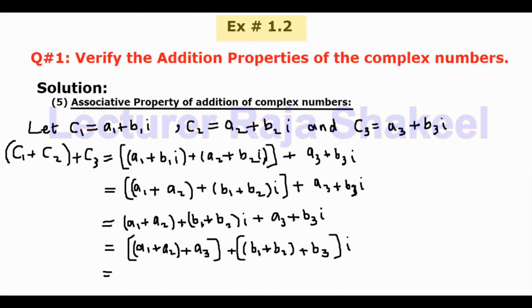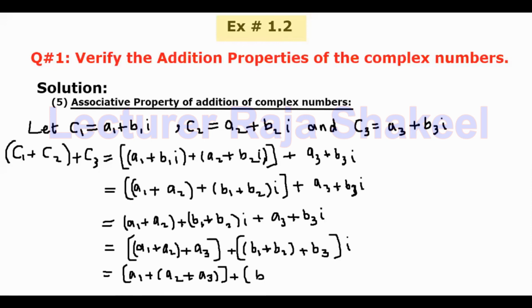Now again we'll be changing the arrangement inside, because we had already proved the associative law. According to the associative law of the real numbers, these numbers can change their arrangements. Therefore, a1 plus a2 plus a3 can have the arrangement of a1 plus a2 plus a3 with the brackets travelling here. Similarly with b1, b2, b3, because if written except the iota, they are real numbers.